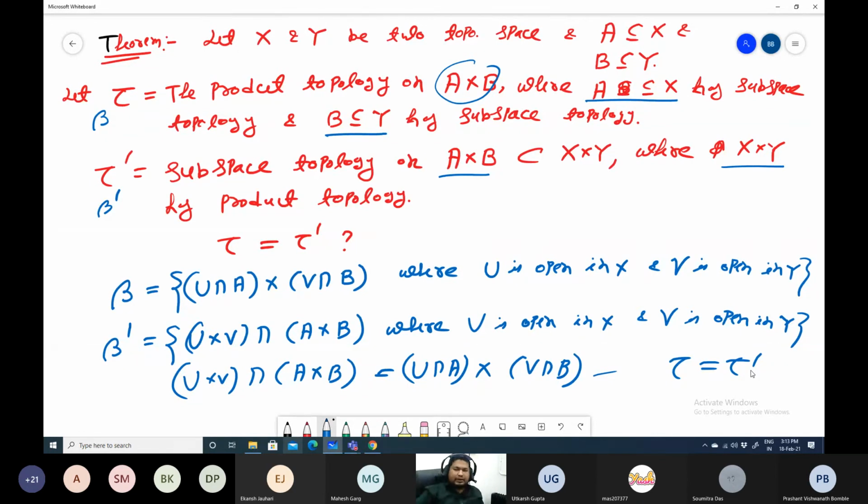Okay. What are the open sets in X cross Y? We know that the basis elements of X cross Y are U cross V, right? U cross V is the basis element for X cross Y. And when we are taking the subspace, we are just intersecting with A cross B. Is that fine?